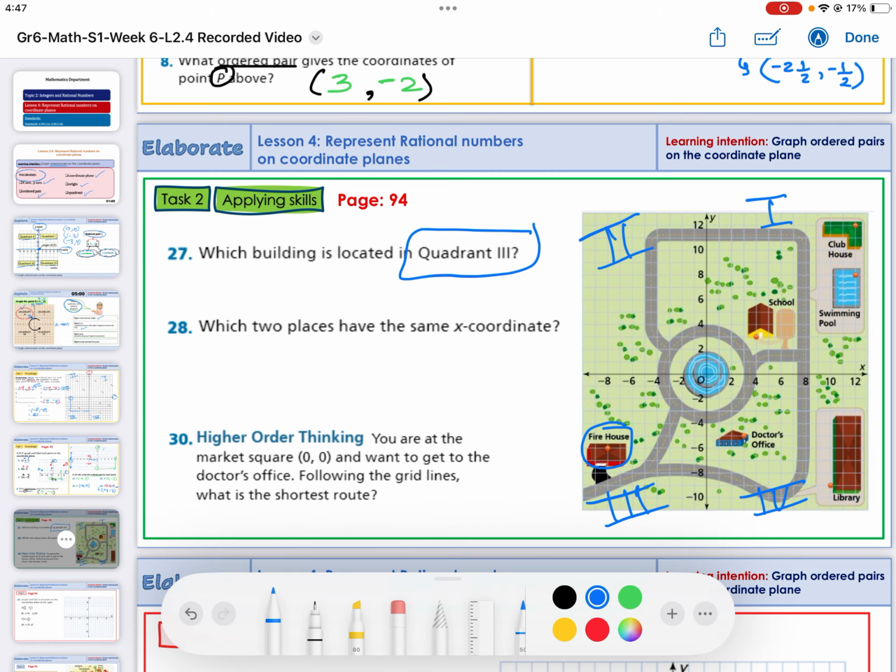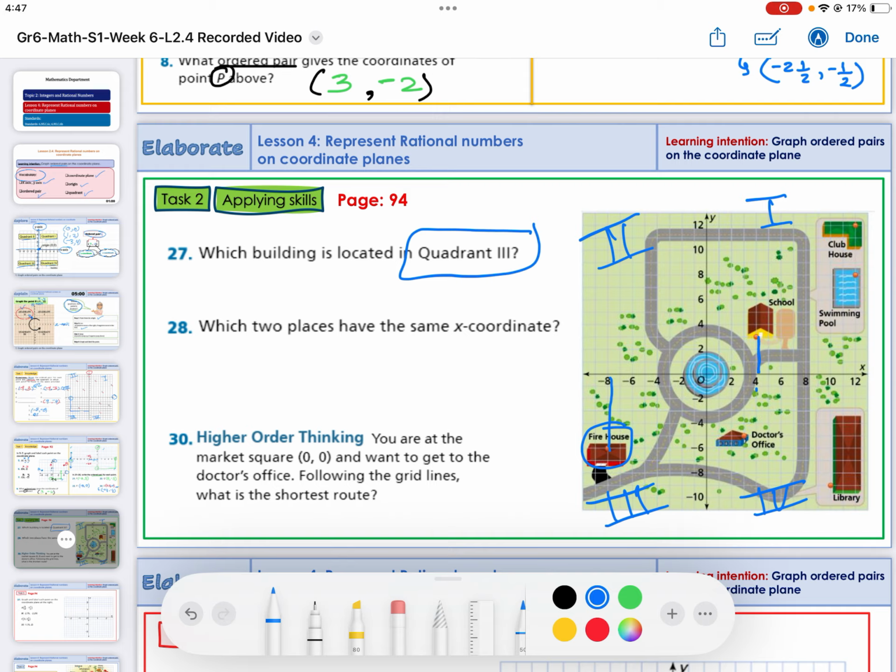Now, which two places have the same x coordinate? Okay, let's look on the x-axis. Check one by one. What's the x-coordinate for the firehouse? That's -8. Okay, let's move on to quadrant 1. We have here 3 buildings, so let's see which ones have the same x. What's the x here for the school?